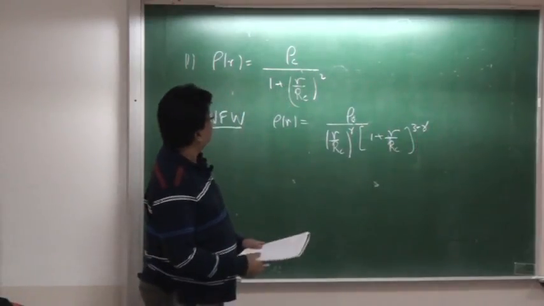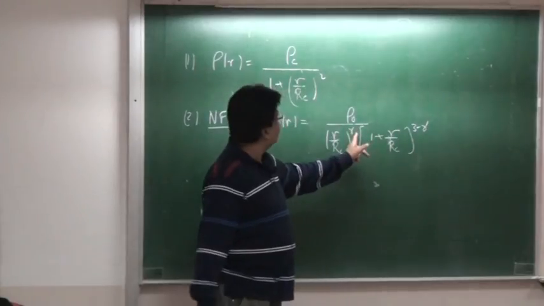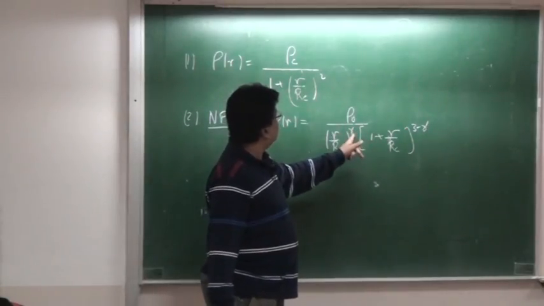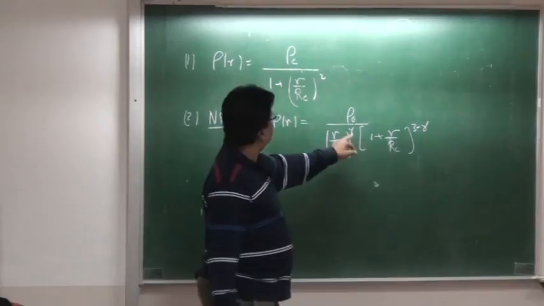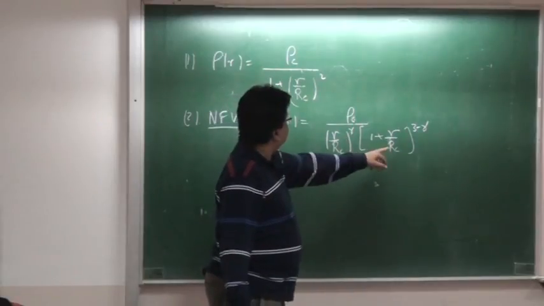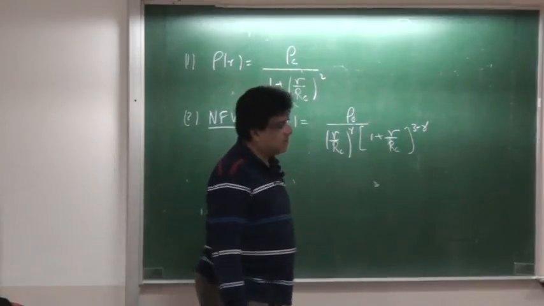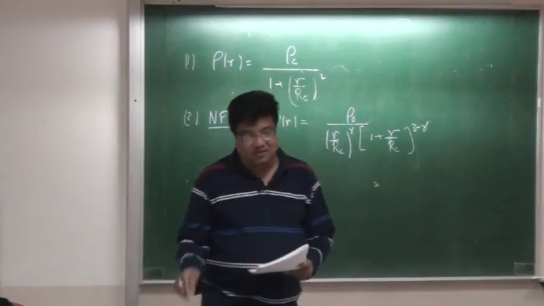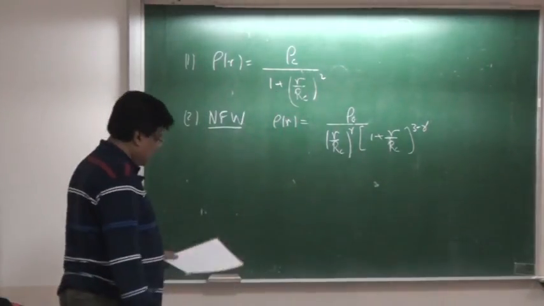So there are several parameters. Gamma is a parameter whose value is about 1, and this is the core radius, this is the core density. So one has several parameter models to fit this.